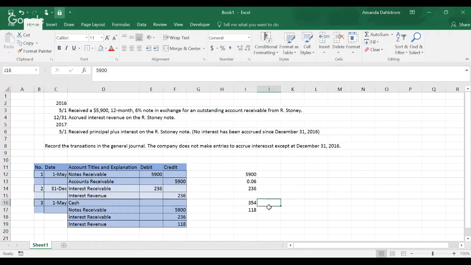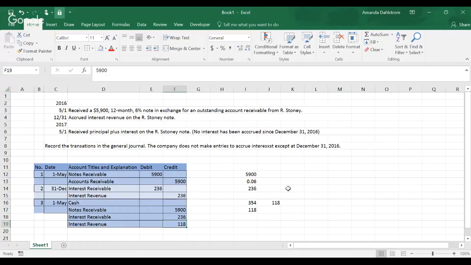Another way you can do it is we can see that we've already accrued interest for 8 of the 12 months, and we need to accrue interest for the remainder. So we take the 5,900 times the 6% interest and multiply that by the remaining 4 out of the 12 months, and we get the same 118.